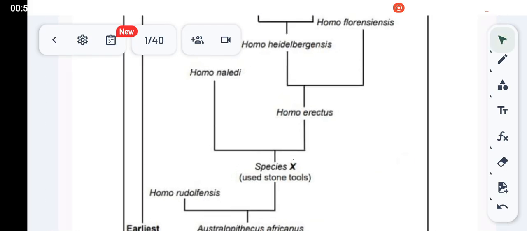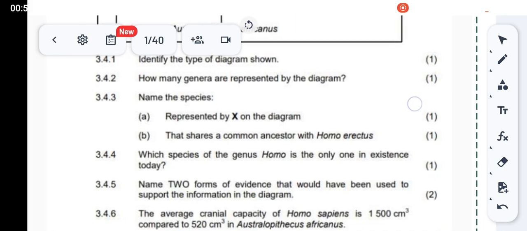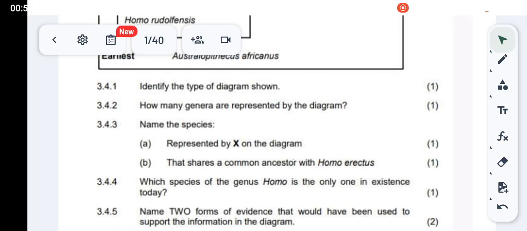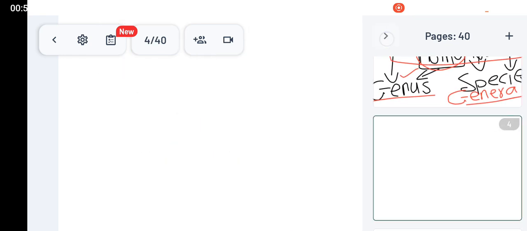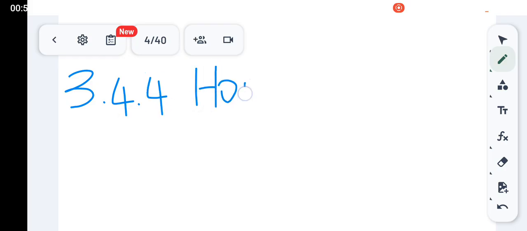But we only want the one that is in existence today. That is Homo sapiens, modern humans. So it's 3.4.4, that is Homo sapiens.